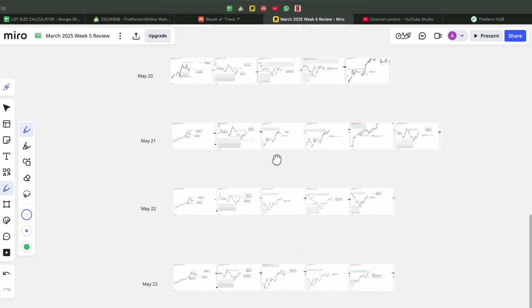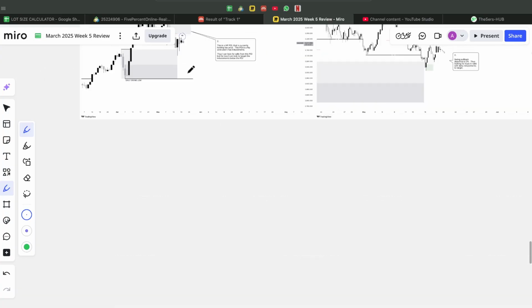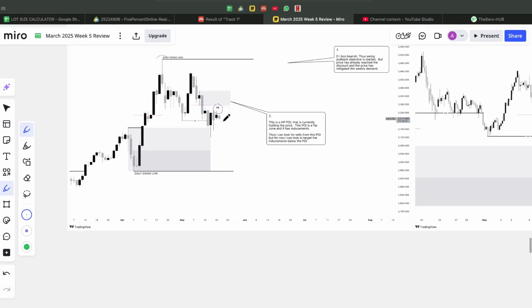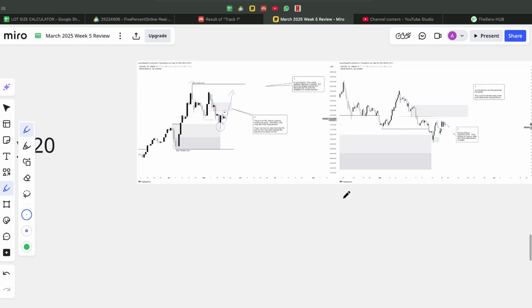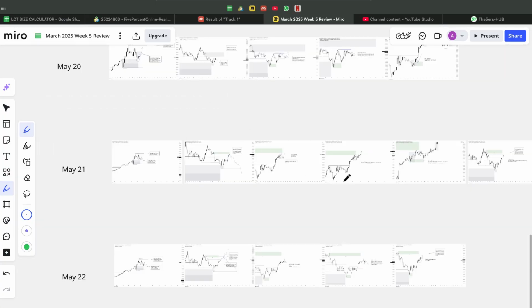So to summarize, gold. The main idea for this week is price is coming off from the weekly supply and trying to play the bullish run. So price actually kept bullish throughout this week, and I got one opportunity to look for buys, but since the liquidity candle was very large, I did not take the trade.